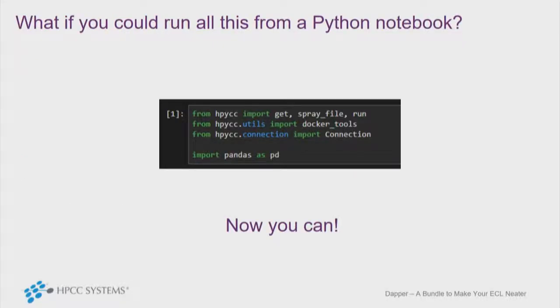All of this can be run from a Python notebook, and you can install this using pip. Just pip install HPCC. You can see all the verbs that I've been talking about again, things like get, spray, run, and connect. I've also imported pandas because I'm going to walk through some more Star Wars with you as well.